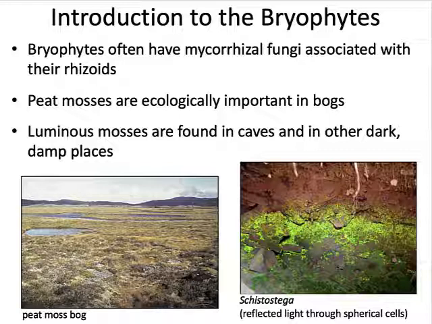And there are also cool things such as luminous mosses. They're found in caves, and they have structural cells on the surface of their bodies that allow them to reflect and amplify light in an otherwise dark cave.